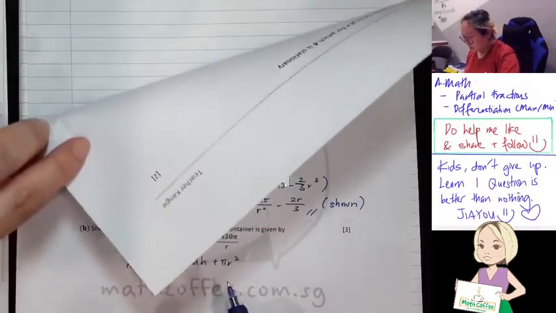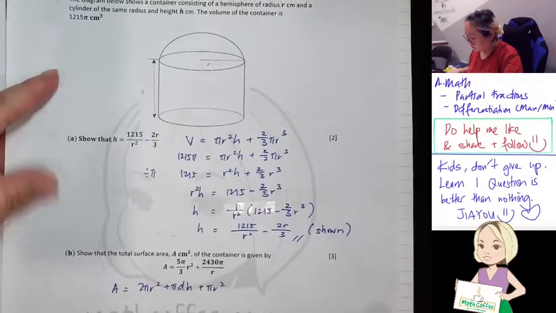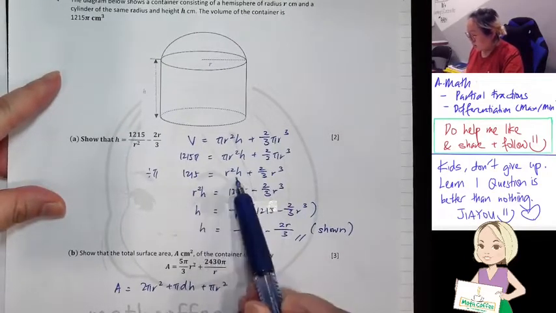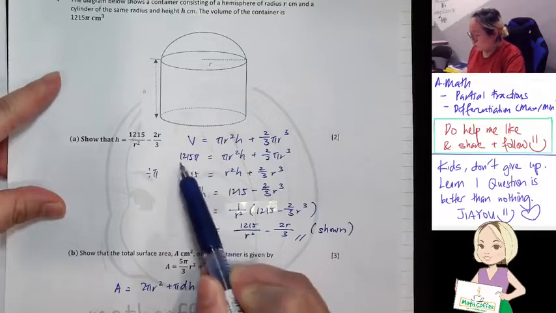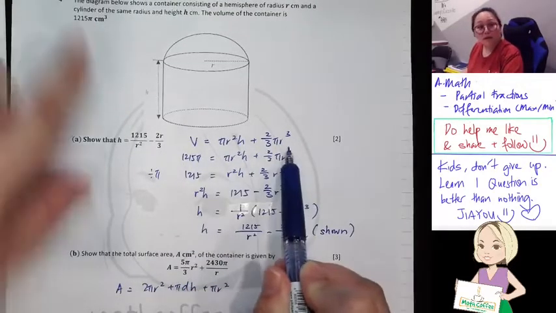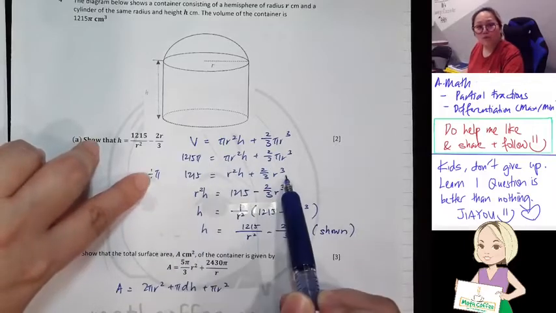Wait, can I explain the last part again? Which part? This part? So what I did was, 1215 pi is given, equals the formula here. Because all 3 terms have pi, I divide by pi throughout.